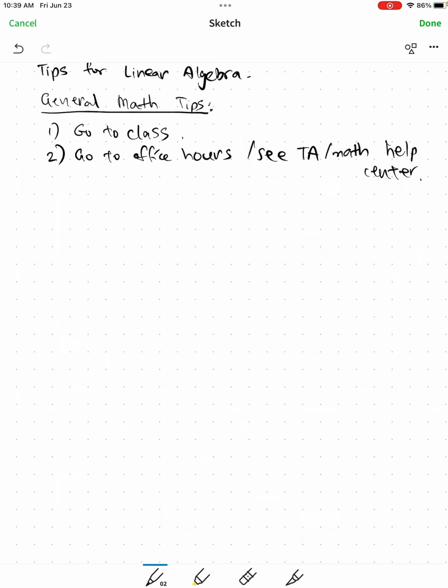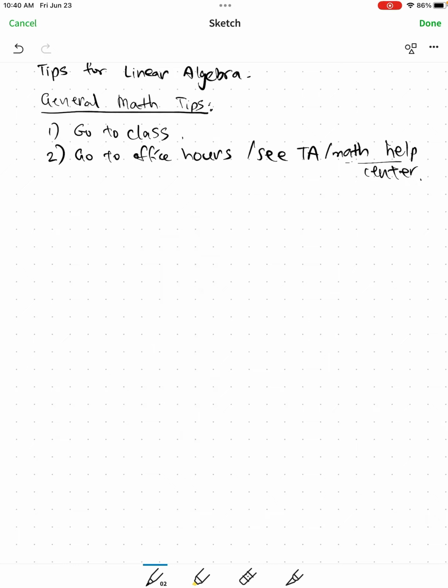But actually, it's usually even worse if you're having difficulty and then you don't make any effort to see the instructor. Your professor's not going to think highly of you if you're struggling in the class and you make no effort to actually talk to them. Okay, so go to office hours.